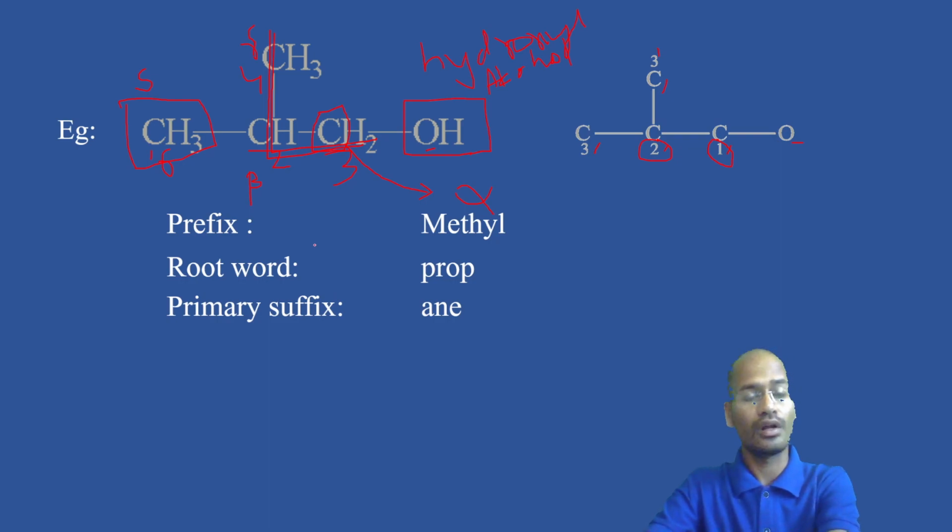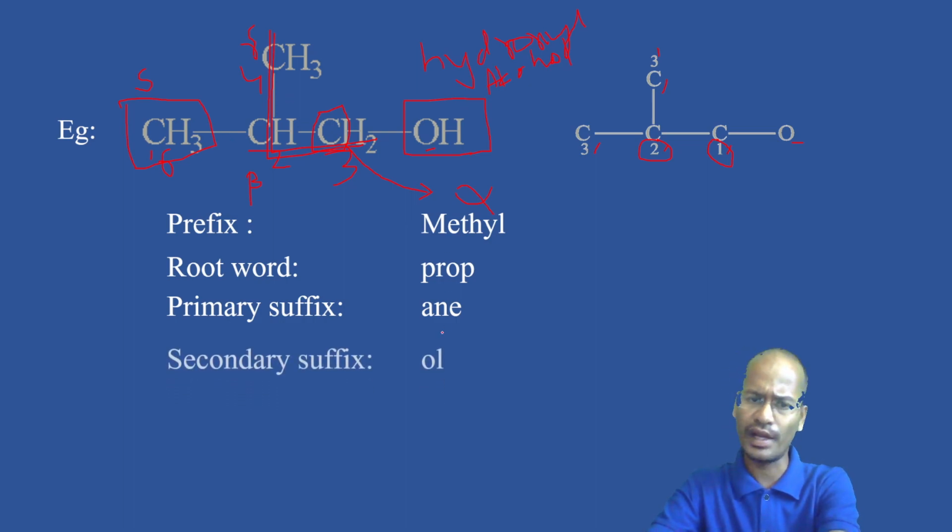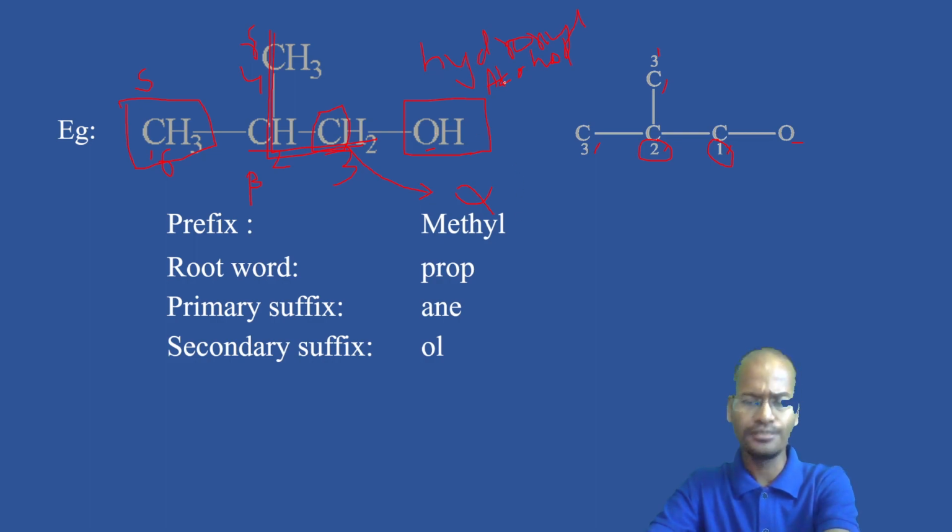The primary suffix, that is the degree of saturation or else bonding style or else the hybridization state, whatever you name it. As all are only single bonds, we can take it as an. And the secondary suffix is going to be ol, as it is an alcohol.